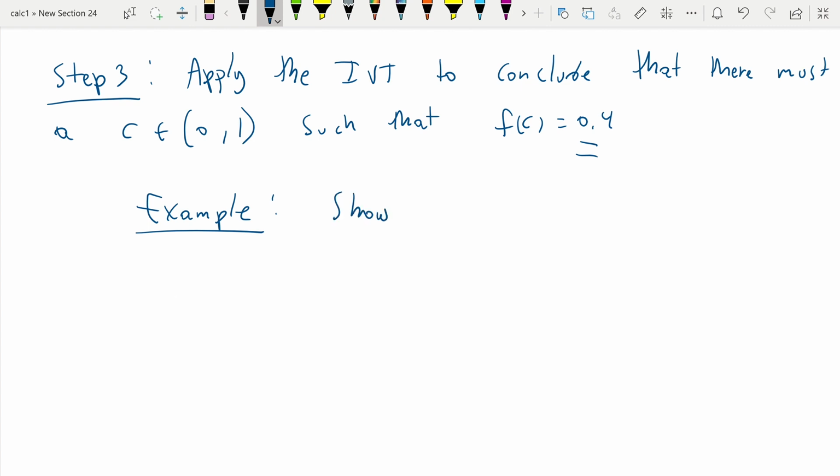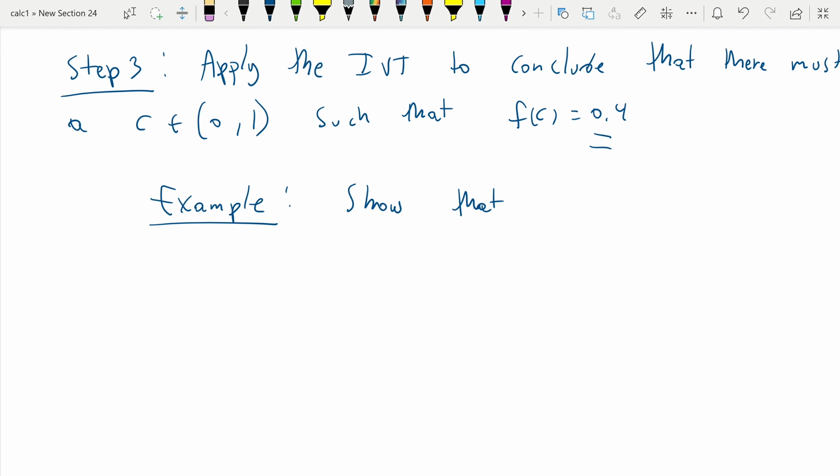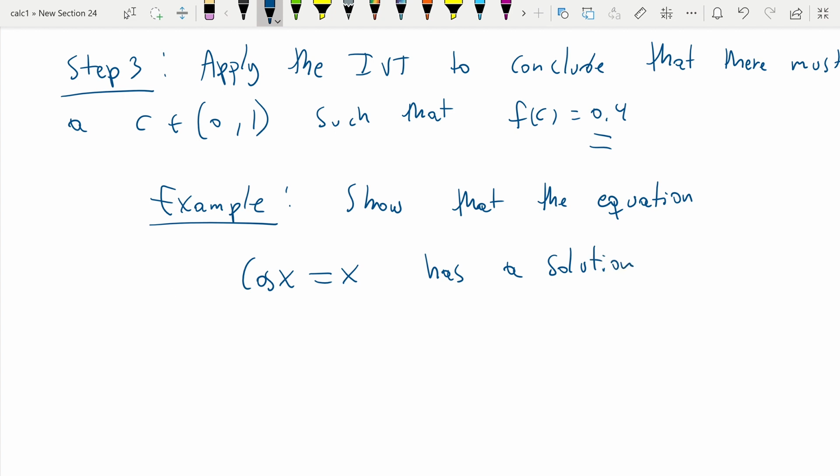So one is to show that the equation cosine of x is equal to x has a solution in the interval 0 and pi over 2.